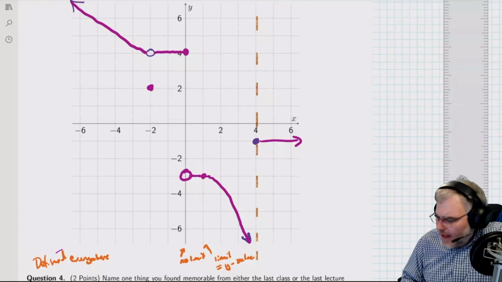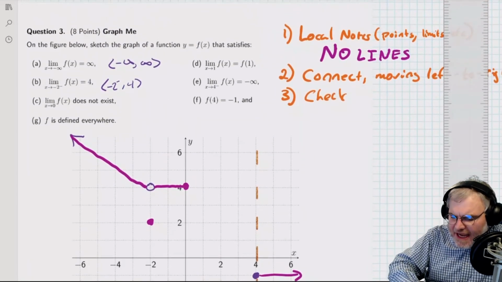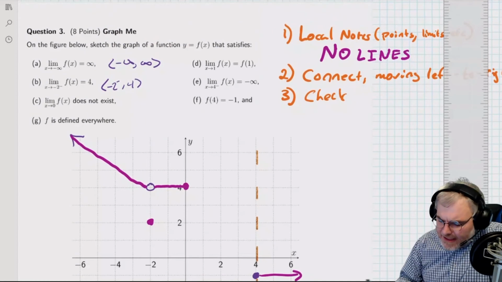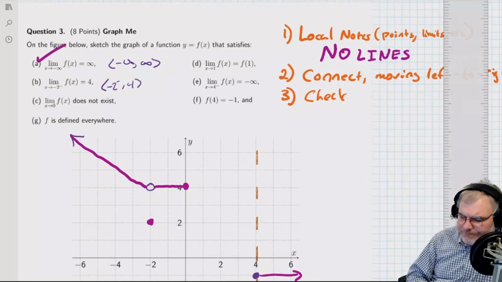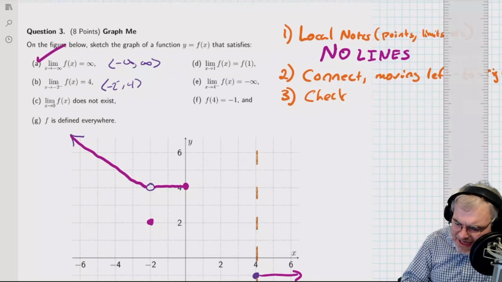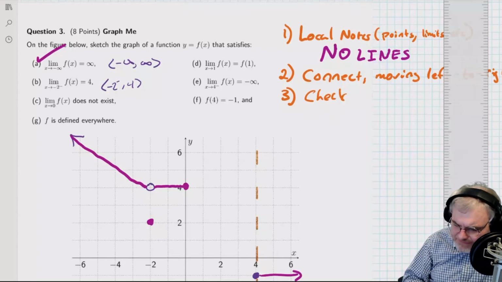Now to check it, what I'm going to do is just go down my conditions again. Is it the case that the limit as I go to negative infinity of x, is it the case that I went off to infinity? Yes. Is it the case that as I went to negative 2 from the left, I go to 4? Yes.